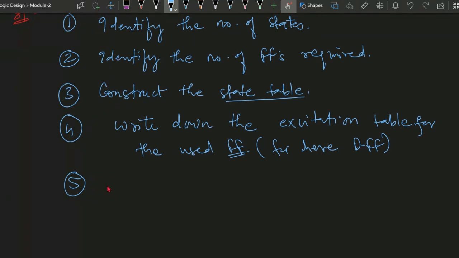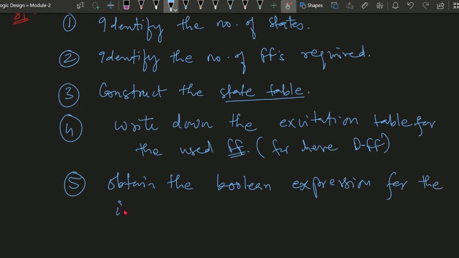So we need to write down or obtain the Boolean expression for the inputs of the flip-flops.